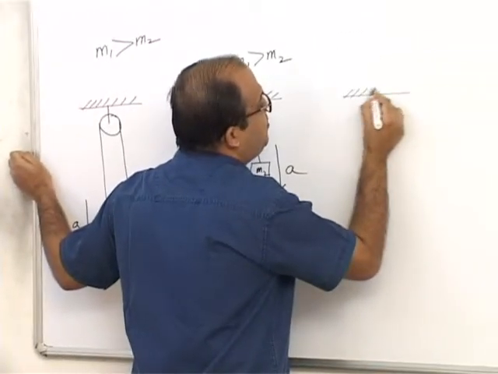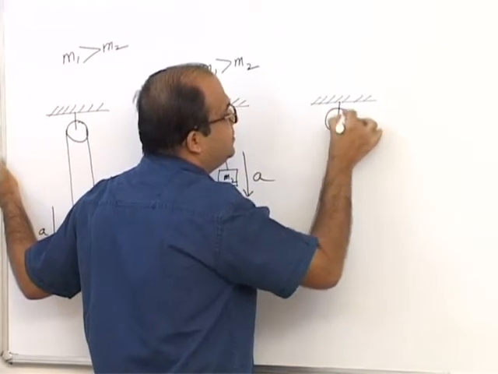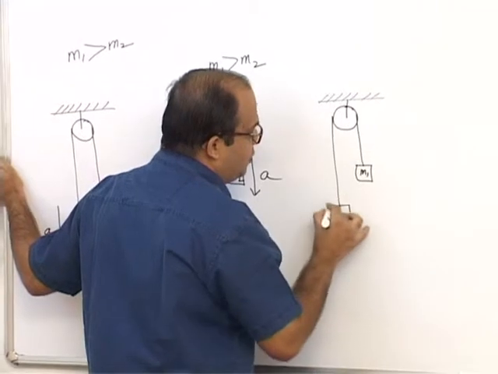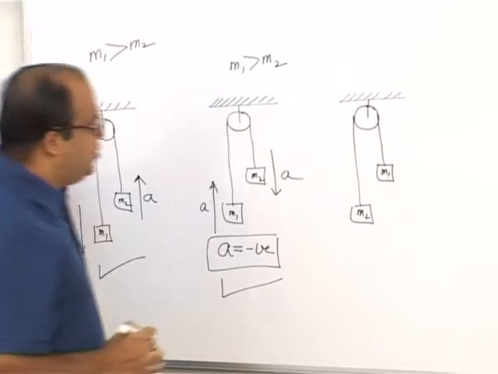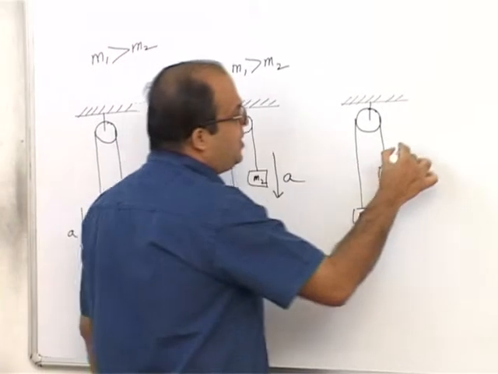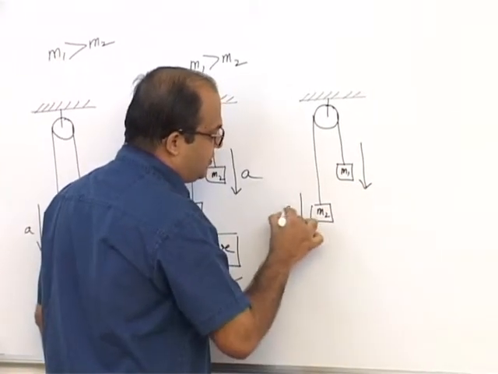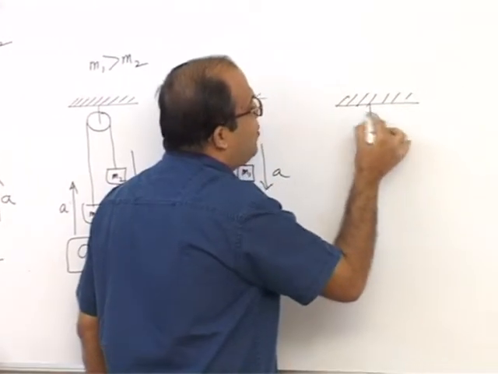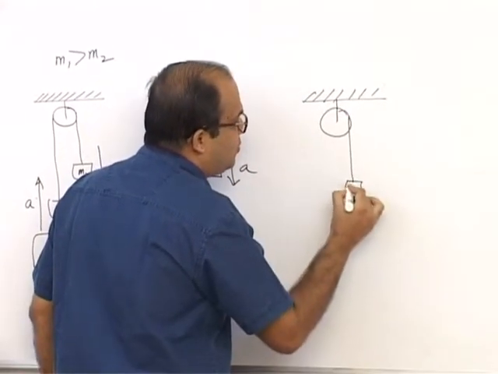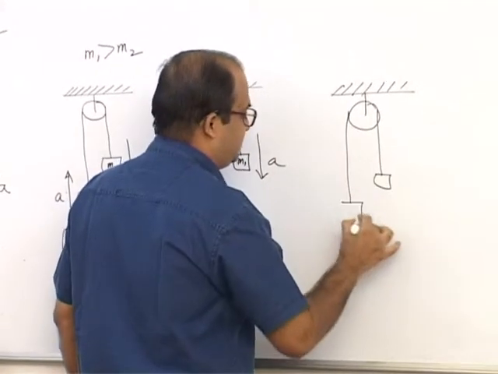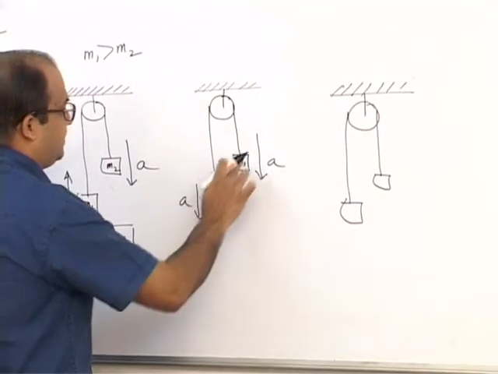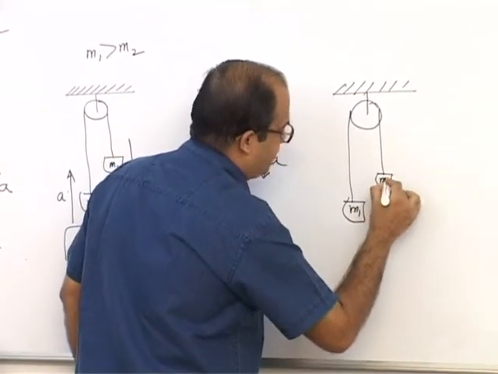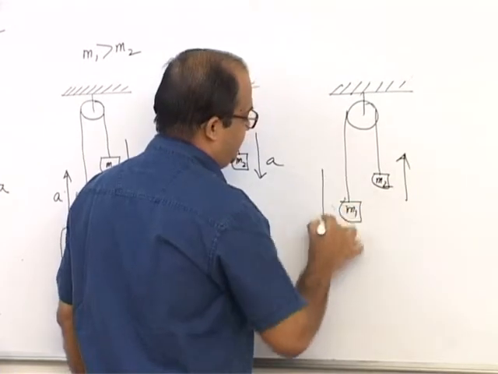But suppose for the same problem, same M1, M2, we assume that both M1 and M2 are accelerating downwards. Or we assume that both M1 and M2 are accelerating upwards.